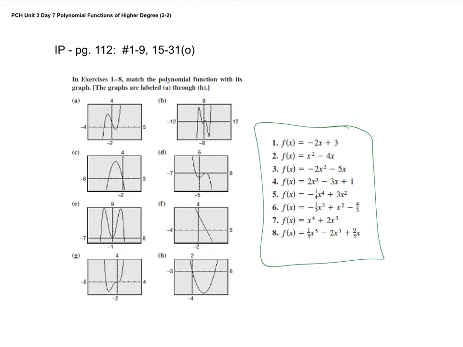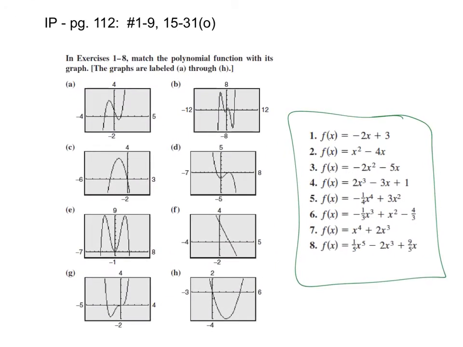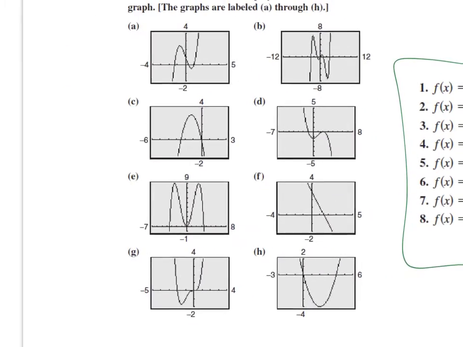We could factor some of those different functions. But we can just look at a lot of these and figure out which ones are which. For example, forget about all the equations here and just look at the graphs.